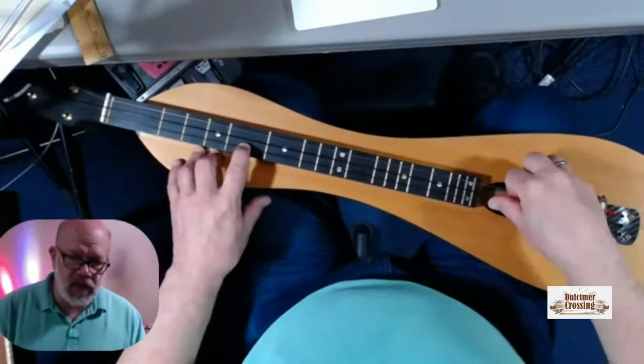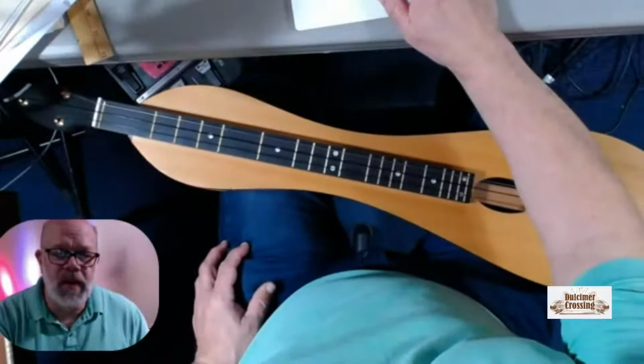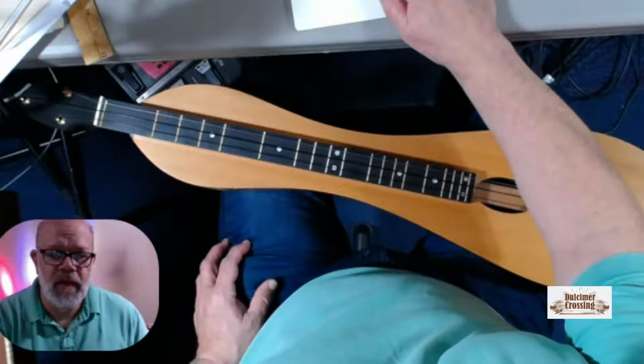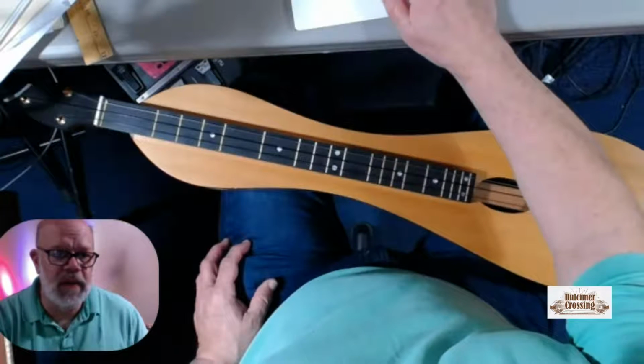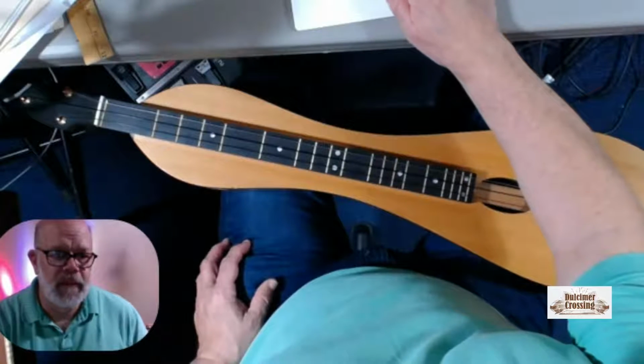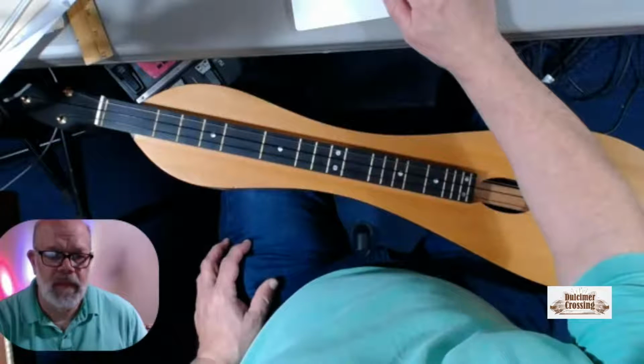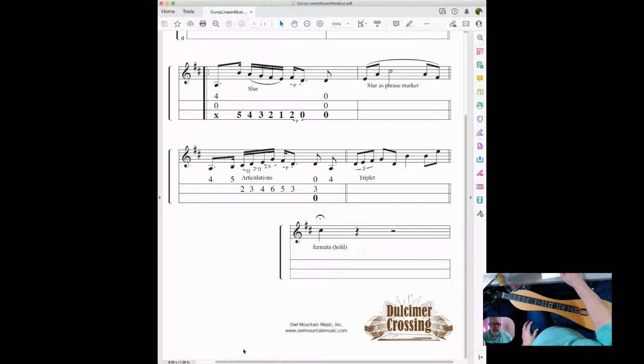So this articulation that is being used, and let's look at that page again, has a P as a designation.